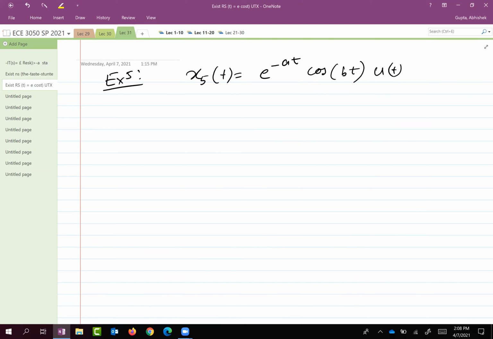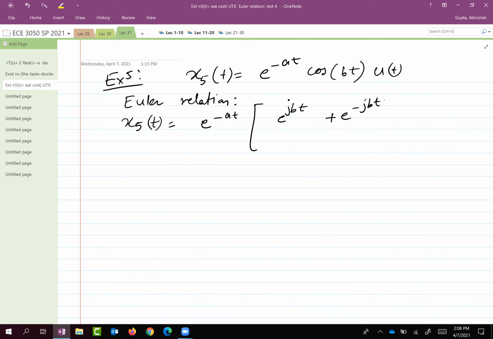So what do we do? Let's do the Euler relationship. So I can write my x5 of t as e raised to negative at e raised to jbt plus the conjugate term. Okay, it looks correct.